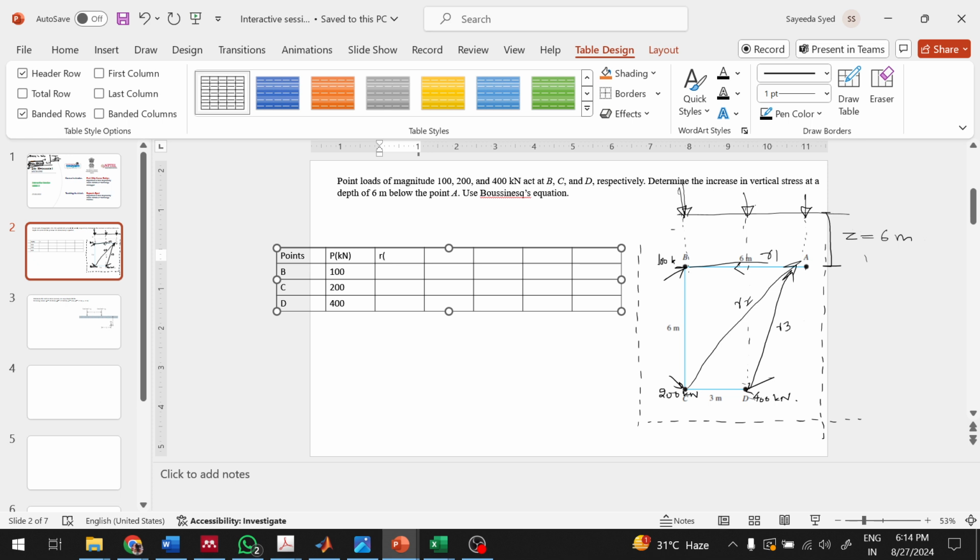R in meter will be, for B, this is only 6 meter. For C, it will be 6 square plus 6 square, but under root, so I can write square root of 36 plus 36.